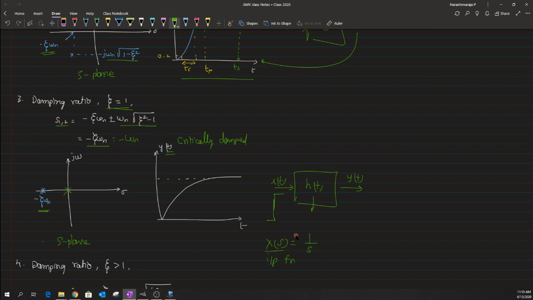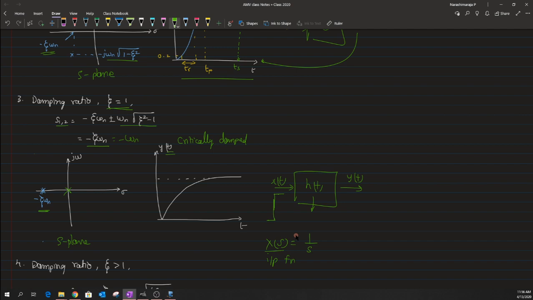So this 1 by s has a pole which exactly lies at the origin of our S plane. Okay. So in general, the S plane is used not only to plot the system poles, but one could also use it to plot the poles of the signal as well. And that is what I really tried to mean here. Yeah.